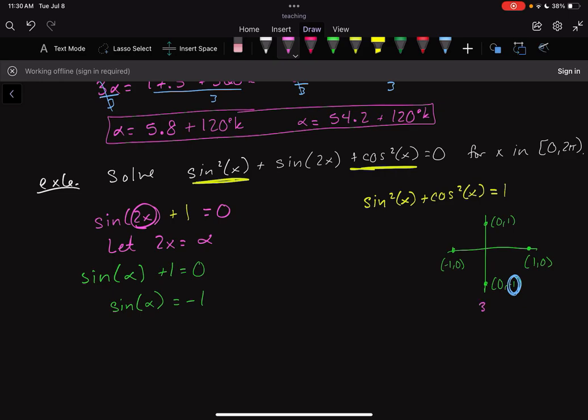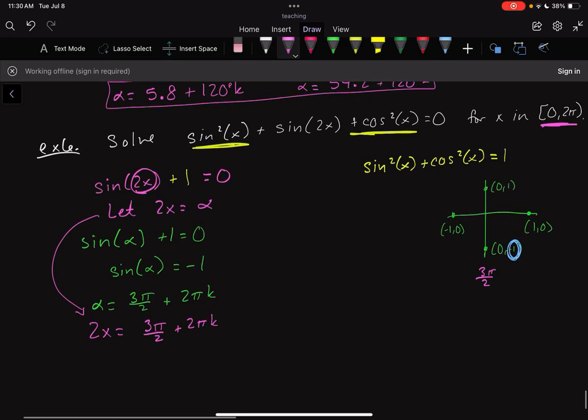I'm picking radians because my interval here is in radians. So I get that alpha is equal to 3 pi over 2 plus 2 pi k. But I don't want alpha, I want 2x, so I'm going to replace that back in. So 2x equals 3 pi over 2 plus 2 pi k.